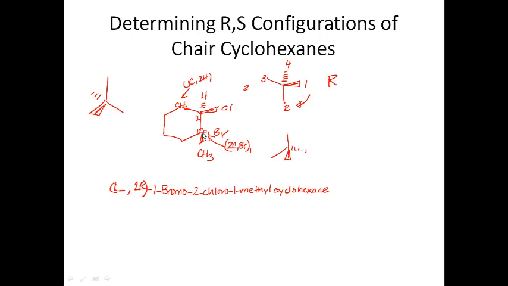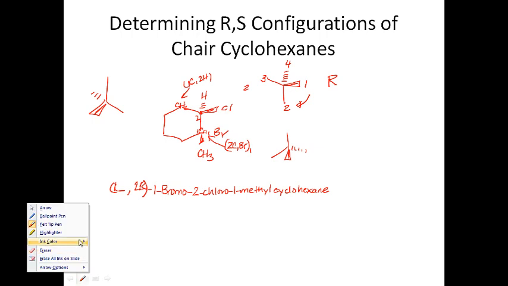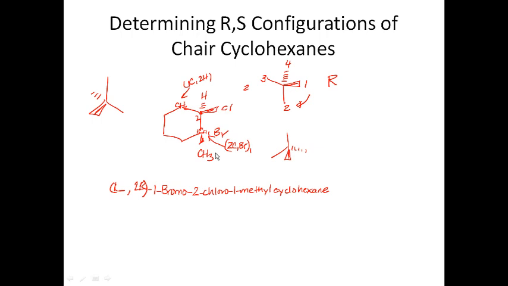Now let's look down here at carbon 1. Carbon 1 has a bromine, a carbon with CH3, a CH2, and another carbon. So I'm going to change colors here, go to blue for this carbon. We can agree that the bromine is going to be the first priority group.